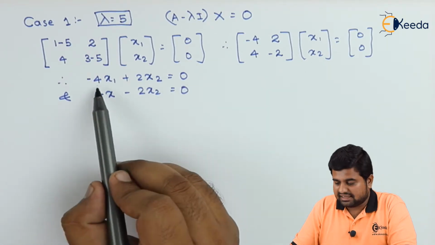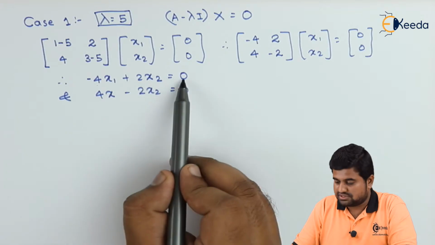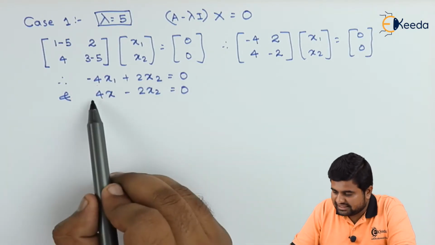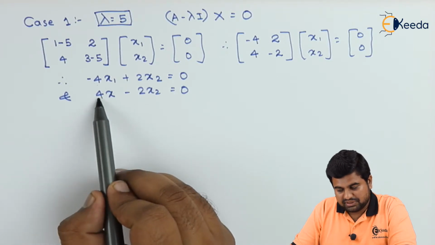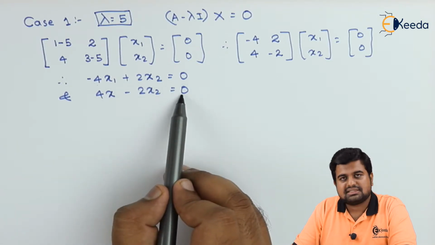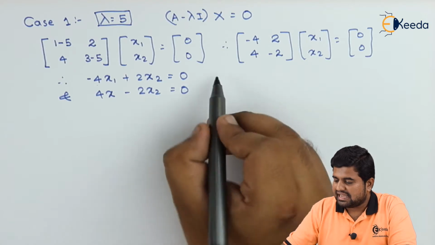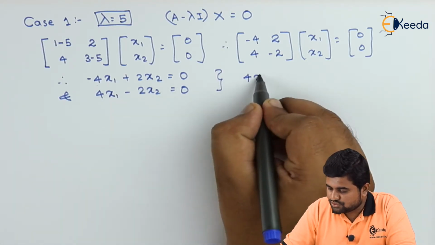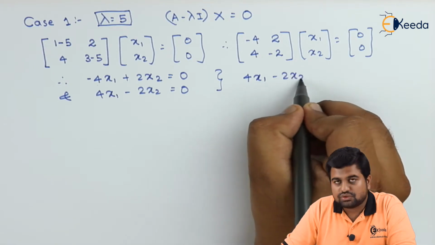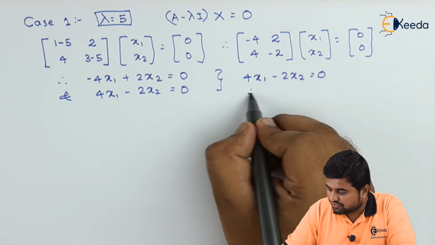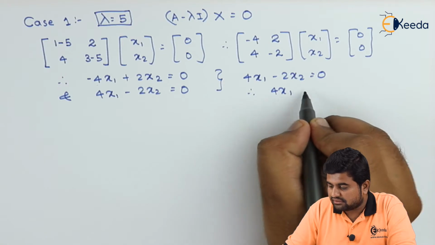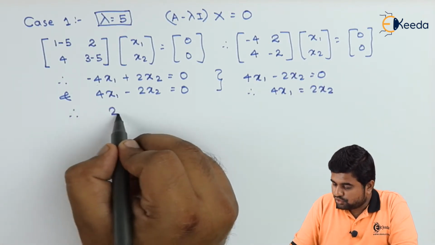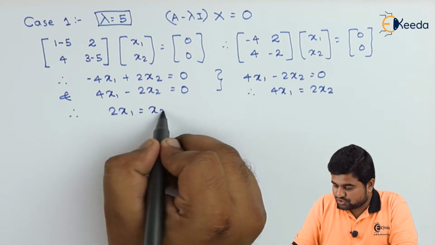If you observe this carefully, minus 4x1 plus 2x2 is equal to 0, and if we multiply this equation by minus 1, I'll get this: plus 4, minus 2, and this is going to be 0. So we'll consider any of the equations, that is 4x1 minus 2x2 is equal to 0. Therefore 4x1 is equal to 2x2. Therefore 2x1 is equal to x2.